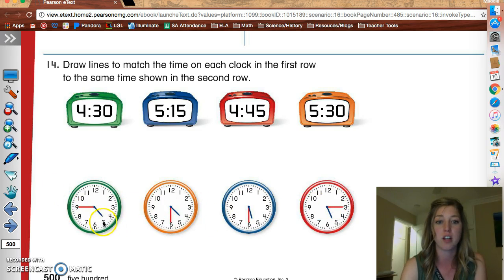Once you find 4:30 on one of these clocks, draw a line connecting your digital clock to your analog clock that you chose. And then do the same thing for 5:15. Find 5:15 and draw a line. Look at 4:45, find it, draw a line to connect it. And then same thing for 5:30. Don't just match color to color. They want you to match time to time.